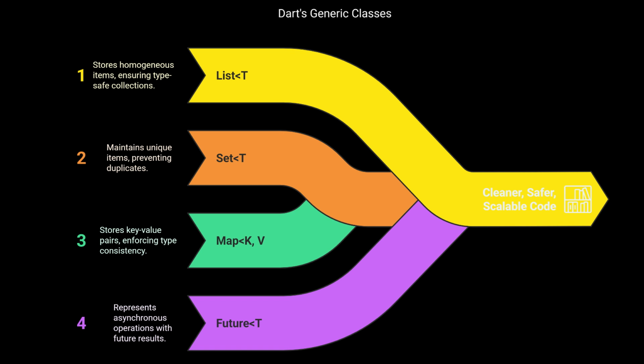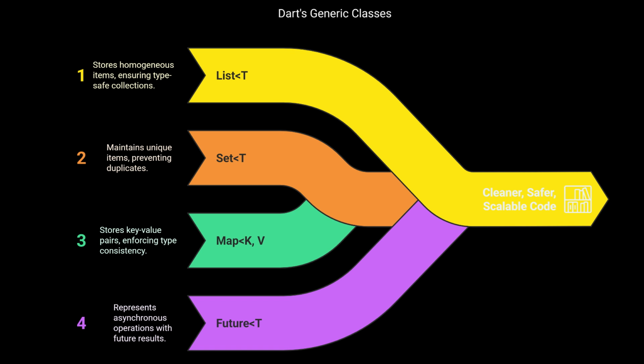This makes your code more reliable and prevents type-related bugs. Next, there's Set<T>. A set works similarly to a list, but it doesn't allow duplicates. Again, we specify the type to make sure the set holds only consistent data, like Set<String> for a group of tags.